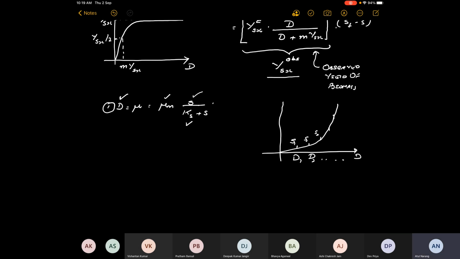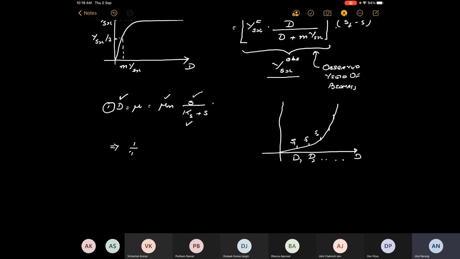So how would I find the values of mu m and ks from this data? This is extracting the parameter values. One standard method is, whenever you are given a nonlinear function, first try to put it in a form where it becomes linear. In the case of a hyperbolic function, take the reciprocal.